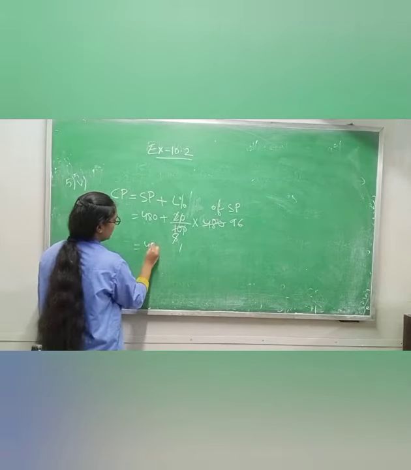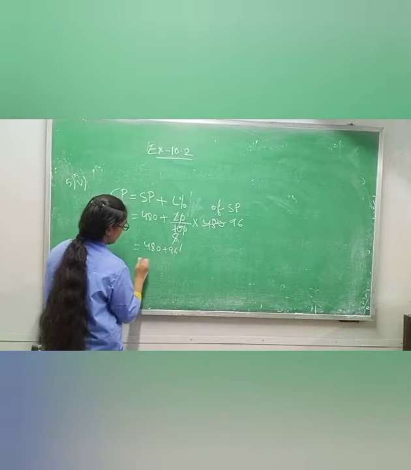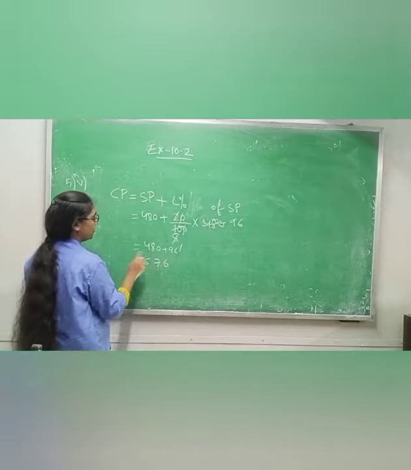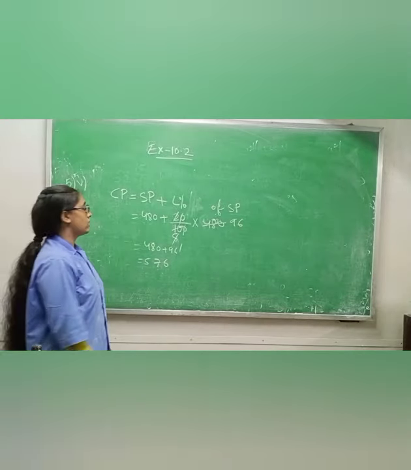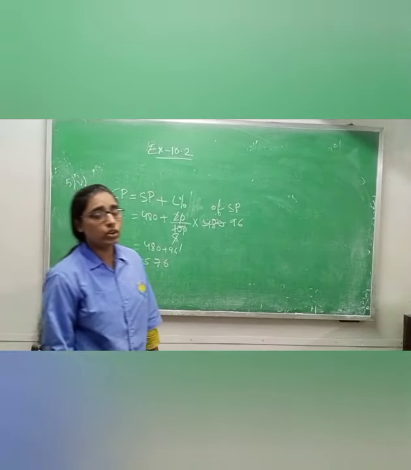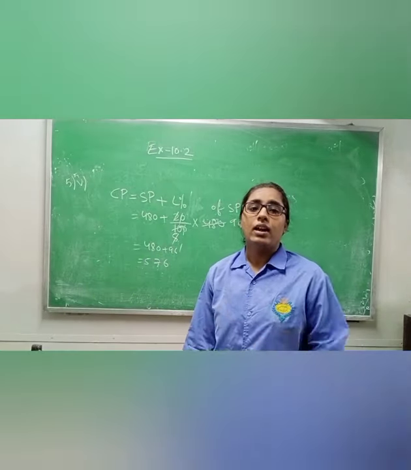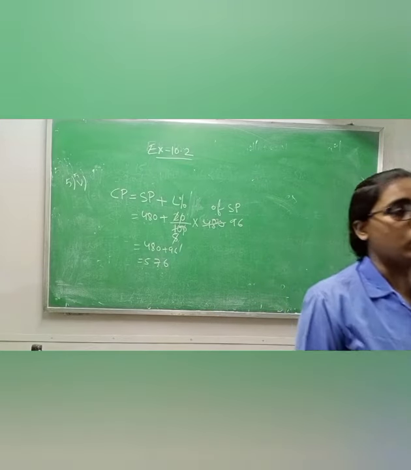So 480 plus 96 is 576. This is the formula when they say the selling price is this at a loss of this on selling price. That time you will use this formula.